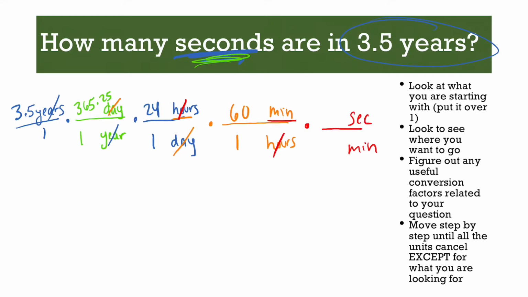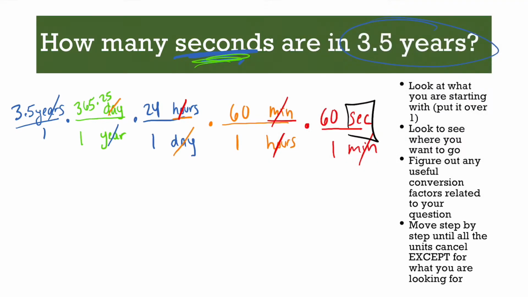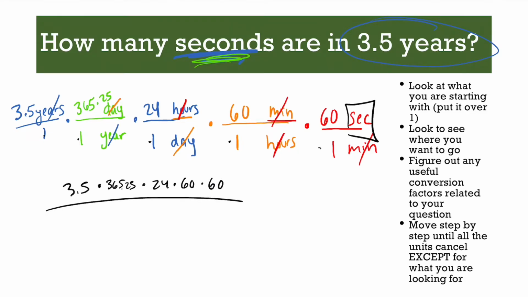And then we can finally go from minutes to seconds. There are 60 seconds in 1 minute. Minutes cancel. And so we're left with just our unit of seconds. So now we know we've set it up correctly. And so what that leaves us with is 3.5 times 365.25 times 24 times 60 times 60 divided by 1, 2, 3, 4, 5, 1, 2, 3, 4, 5, 6, like that.